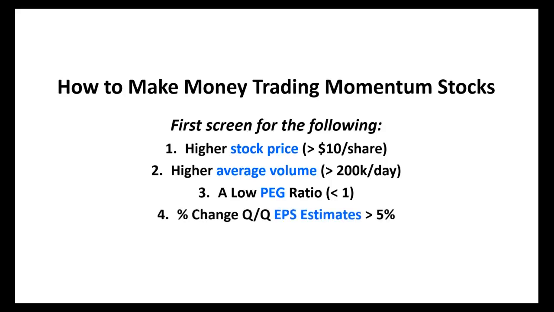And then fourthly, we put in the requirement that our companies have raised their earnings estimates sometime in the last 4 weeks of at least 5%. Now we're going to add one more filter. You're going to see how this last filter really ramps up the returns.